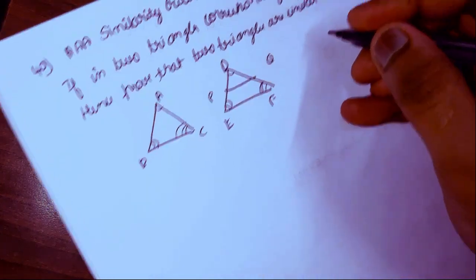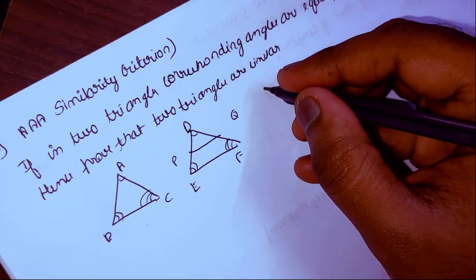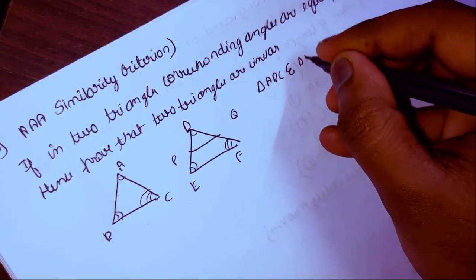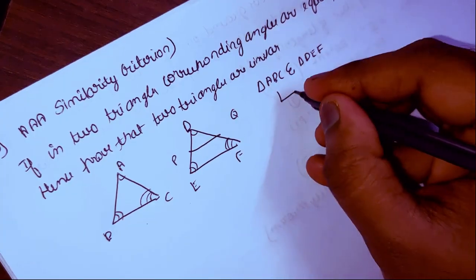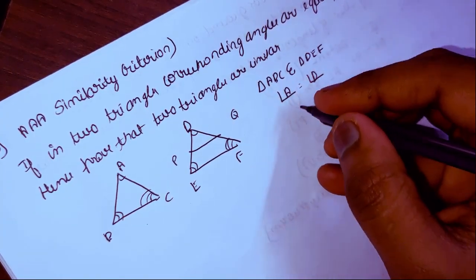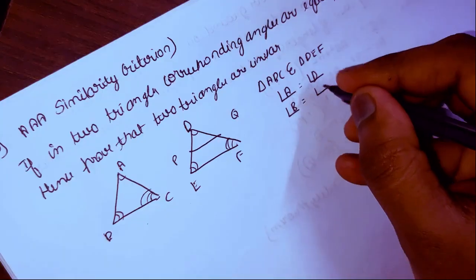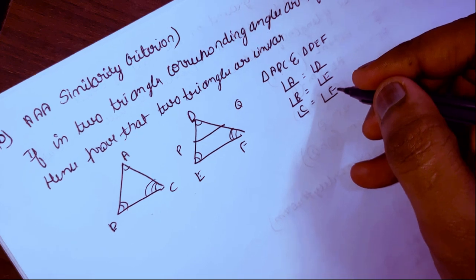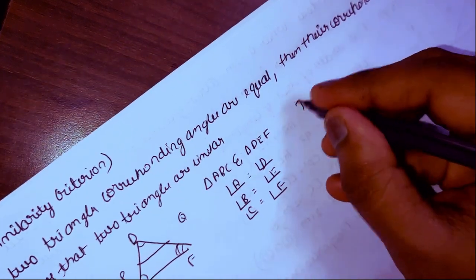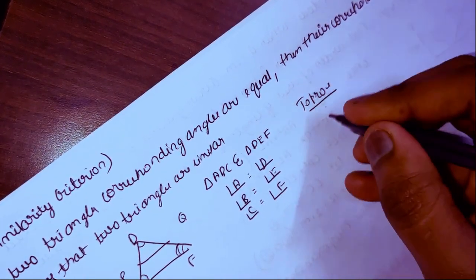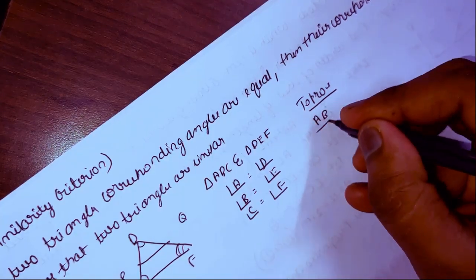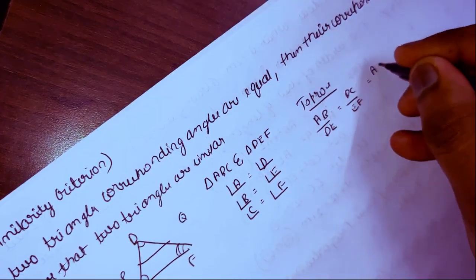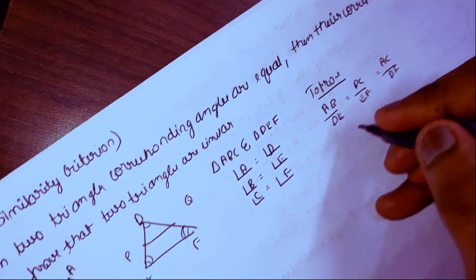I have to write the given in both triangle ABC and triangle DEF. Angle A is equal to angle D, angle B is equal to angle E, angle C is equal to angle F. Now to prove AB by DE is equal to BC by EF is equal to AC by DF.